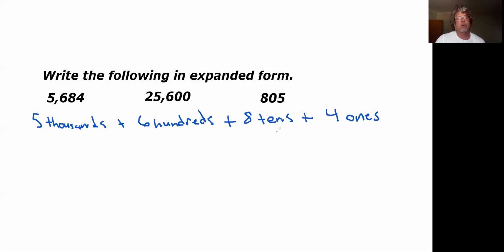So instead of using words, 5,000s, as we said, just means 5 1,000s. Or in other words, we can write that as a multiplication statement. We can say 5 times 1,000. So 5 1,000s. Plus, instead of saying 600s, we now can just say 6 100s using multiplication, 6 times 100.